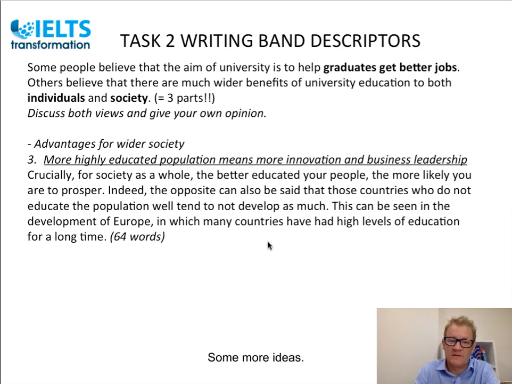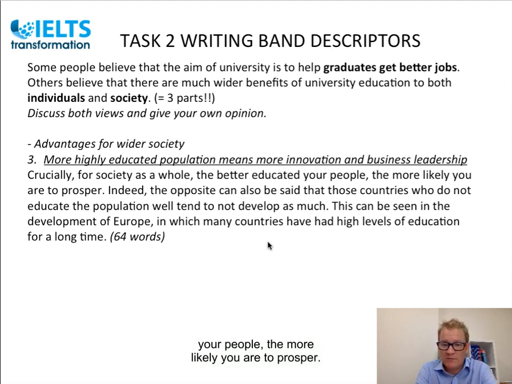Some more ideas. Look. The advantages for wider society. Crucially, so again, there's an adverb giving my opinion. So I think it's important. Crucial means important. For society as a whole, the better educated your people, the more likely you are to prosper, which means to do well.